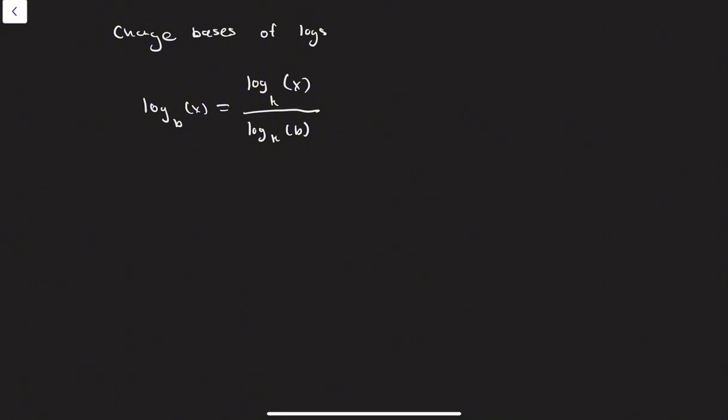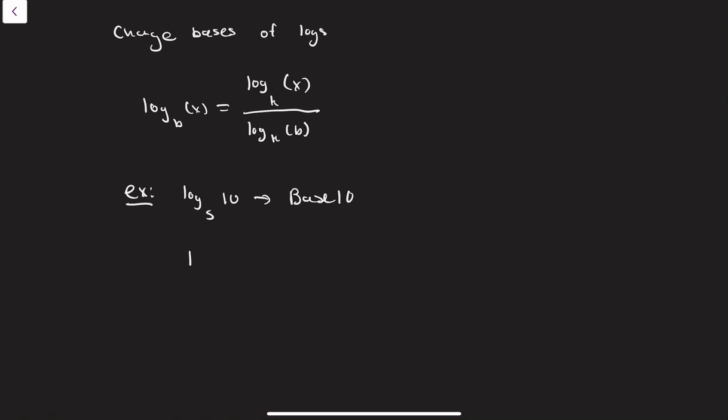So let's go through an example of change of base. I'm not going to spend too much time on it because we're probably not going to face many problems like this, but it's a property of log bases. So we have log base 5 of 10, and we want to change this to a base of 10.